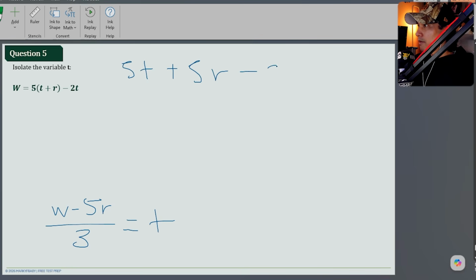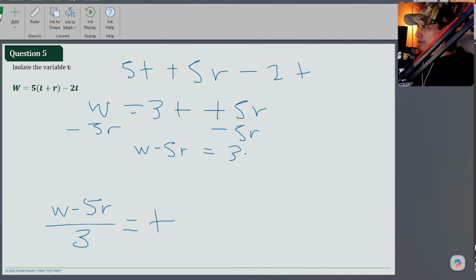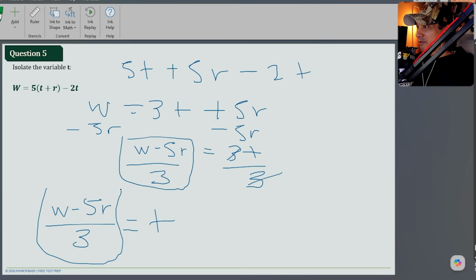Plus 5r minus 2t, giving me 3t plus 5r equaling w minus 5r, w minus 5r equaling 3t, divide by 3, giving me w minus 5r over 3. Nice. I showed you two ways you could get the same equation isolating the variable t. Perfect. Question number 5, complete.